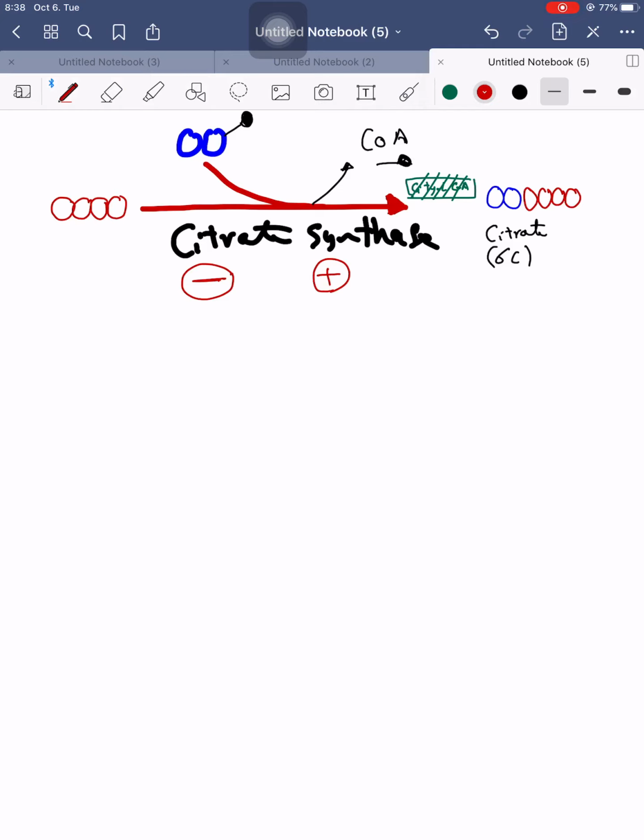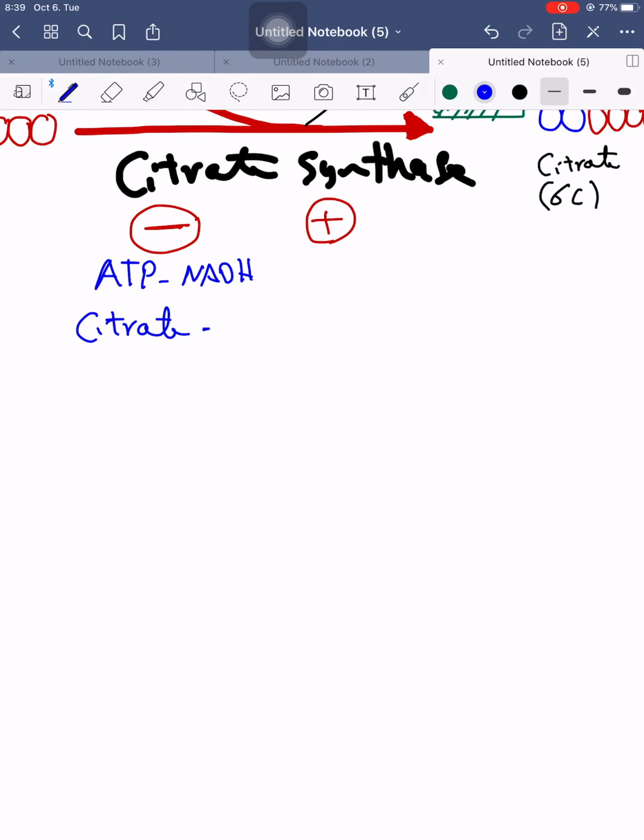If I have enough ATP, why should I run the citric acid cycle and oxidative phosphorylation to produce more ATP? So we can expect that increased ATP will inhibit it, increased NADH will inhibit it, and increased citrate itself will inhibit it, working by negative feedback, allosteric regulation. Citrate, as a product of that enzyme, can inhibit the enzyme if I have enough citrate. And also another molecule formed later in the citric acid cycle is called succinyl coenzyme A.